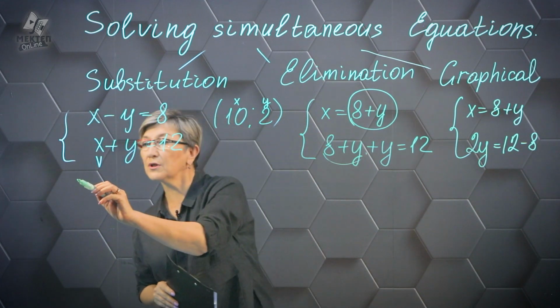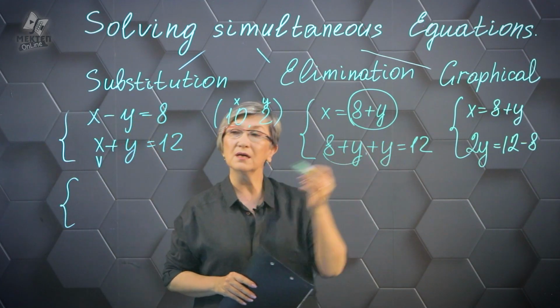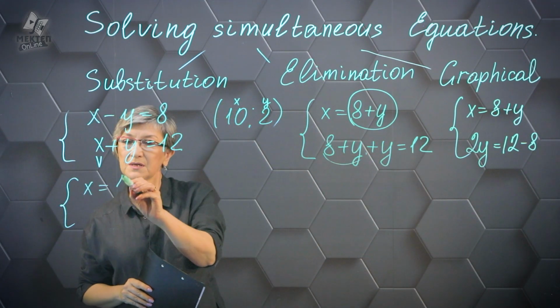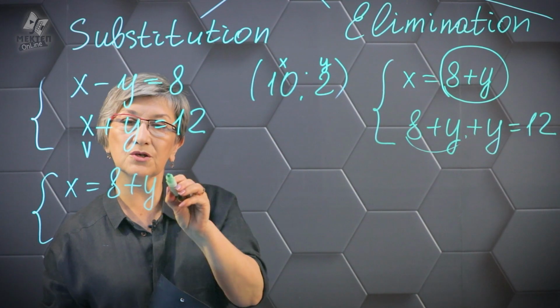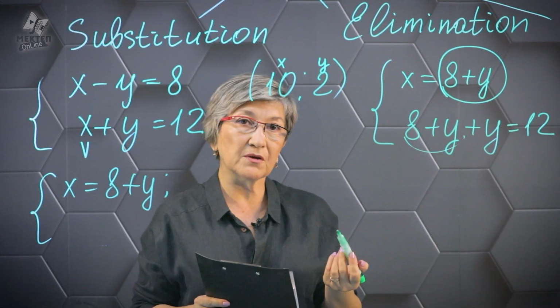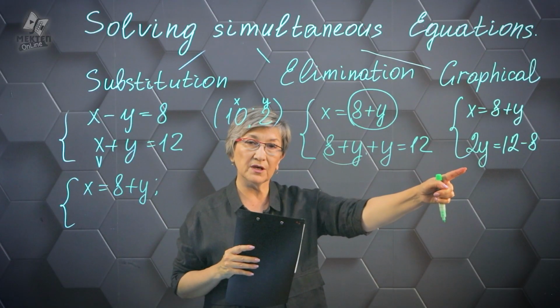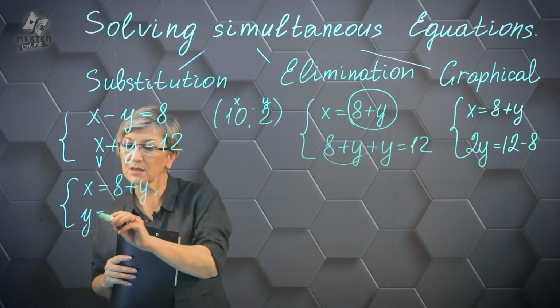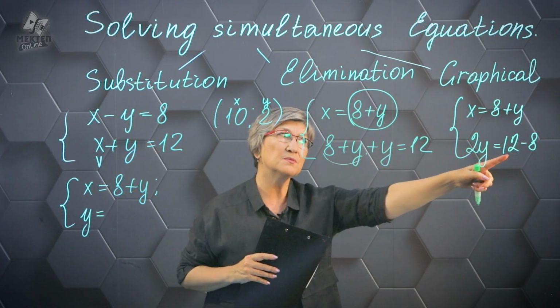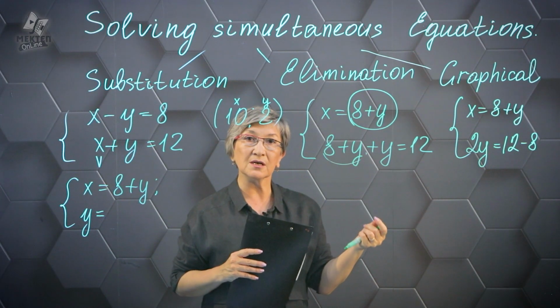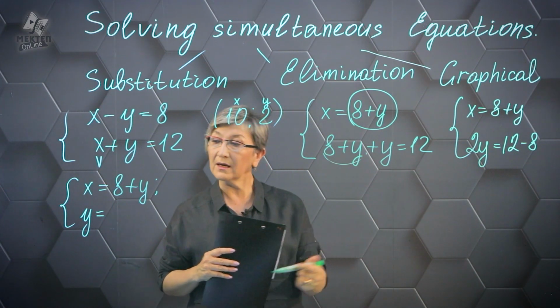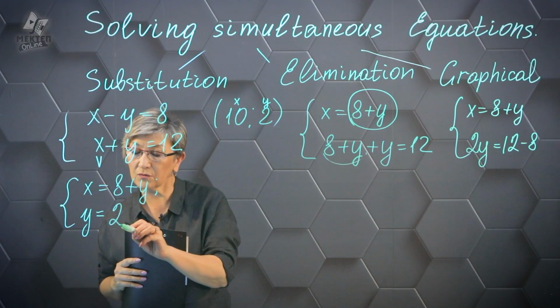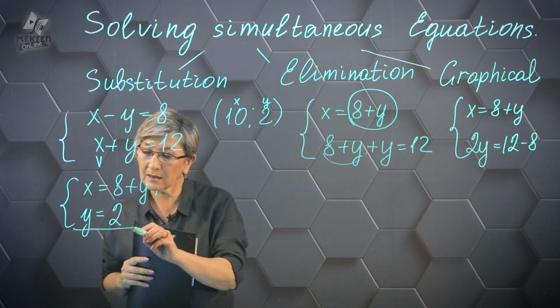From the second equation, we can find the value of y. The result is that y equals 12 minus 8, which is 4, and 4 divided by 2 is 2. So y equals 2.